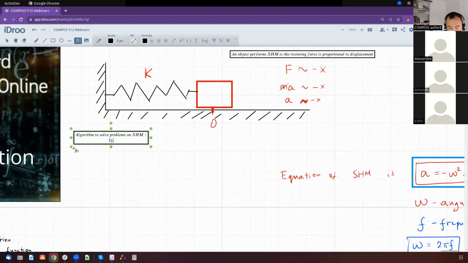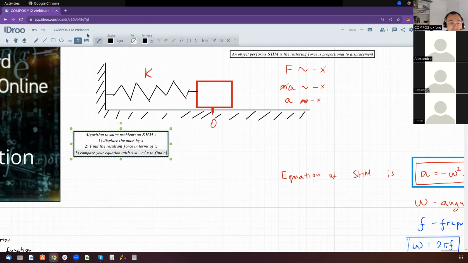First, displace the mass by x. 2, find the resultant force in terms of x. 3, compare your equation with x double dot equals minus omega squared x to find omega.